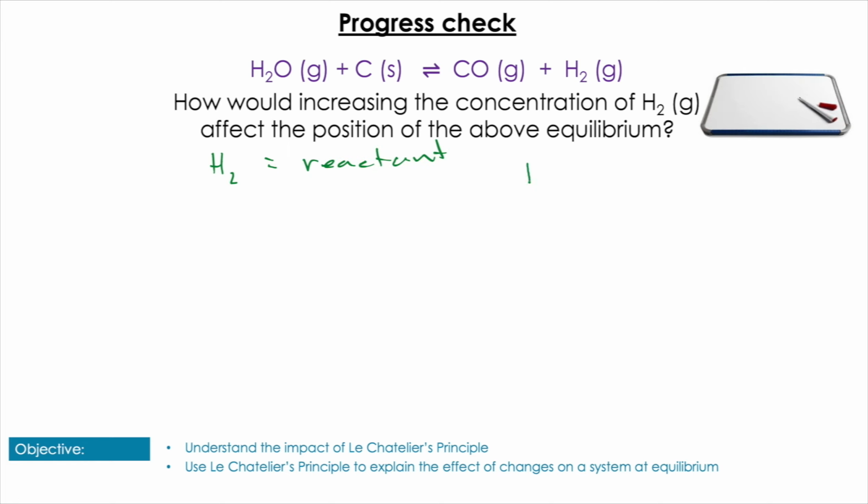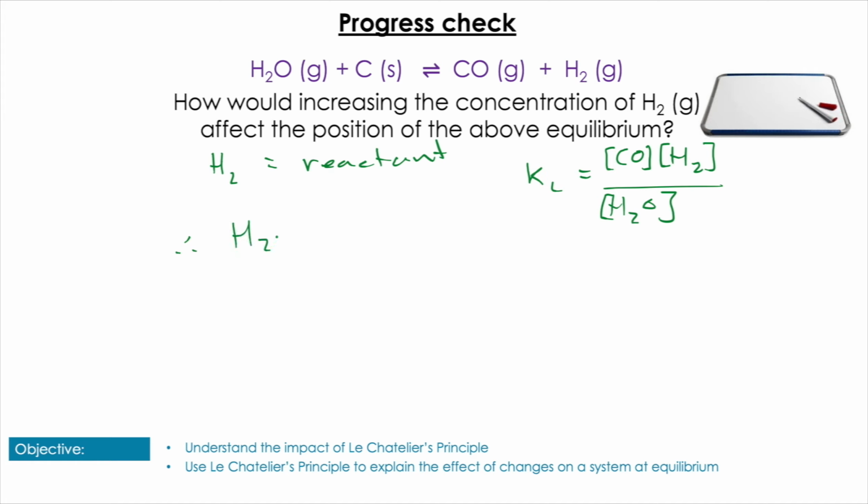My mistake, it's not a product here, it's on the right-hand side. So if we write Kc, it's going to be our products over our reactants, that's CO times H2 divided by H2O, and C we don't include because it is a solid, so it doesn't have a concentration.